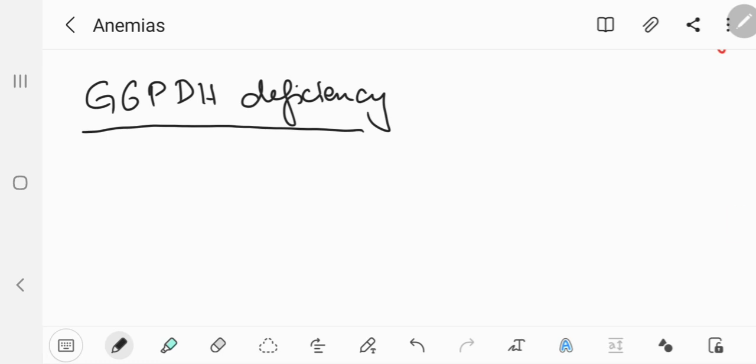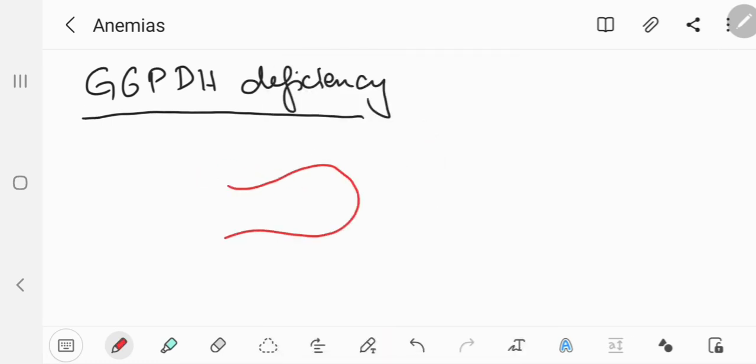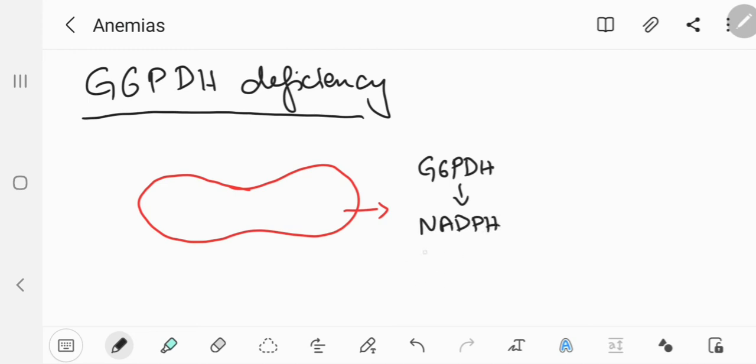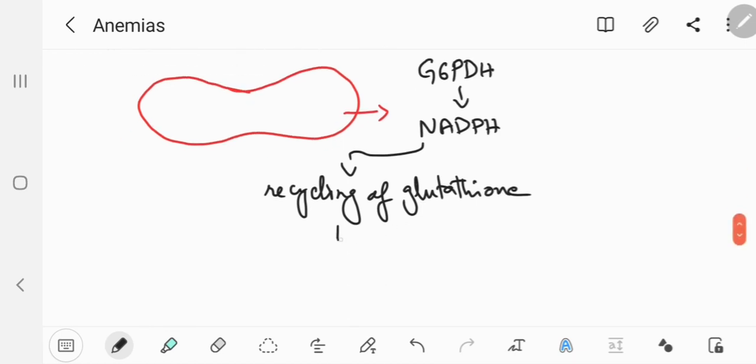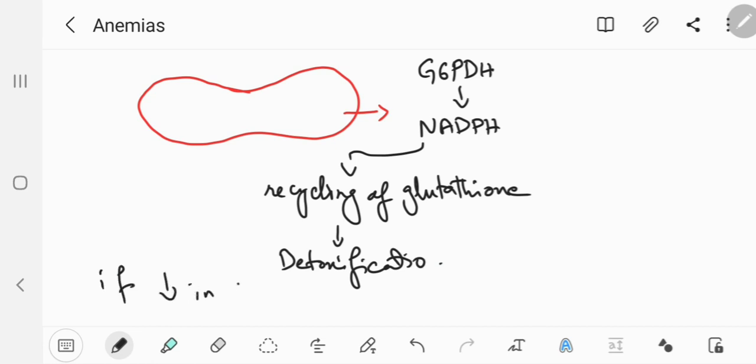Then the glucose 6-phosphate dehydrogenase deficiency anemia. This is due to the deficiency of an enzyme, glucose 6-phosphate dehydrogenase, which takes part in glycolysis. Whenever there is a deficiency of this enzyme, it causes a decrease in NADPH production, and NADPH acts on glutathione, causing its recycling so that detoxification can take place.